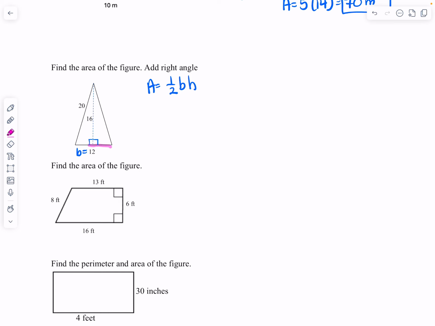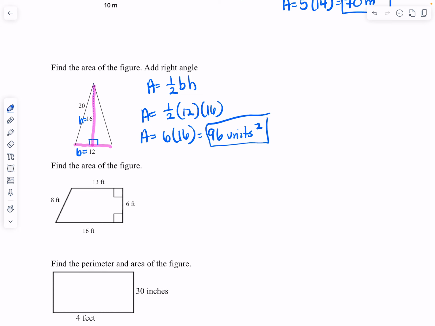That is the bottom of the triangle, and the height is 16. So I get 1/2 base, which is 12, times the height, which is 16. So 1/2 of 12 is 6, and 6 times 16 will give me 96, and I don't know what the units are, so I'm going to put units squared, or squared units.